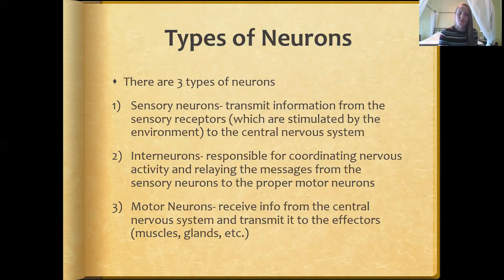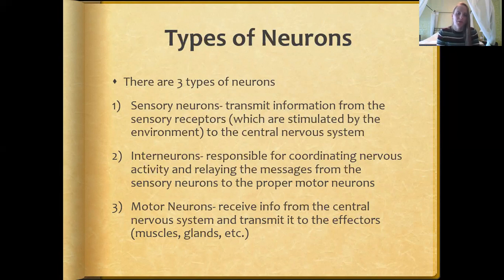Then we have the interneurons, which are responsible for coordinating nervous activity. Essentially, the interneurons relay information from the sensory neurons to the proper motor neurons. So it essentially just moves information from the part of your body that's gathering the information to the part of your body that can do something with that information.